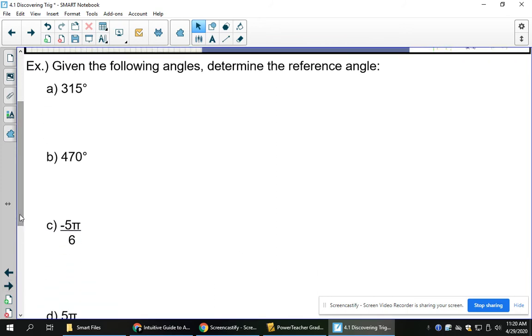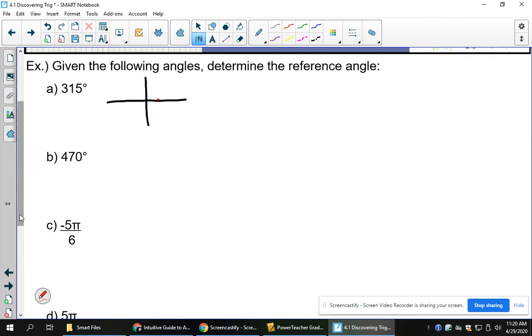Given the following angles, determine the reference angle now. So we want to figure out that acute angle. It's that angle that touches the closest x-axis. So the best way to see that is with a picture. First, I want you to start with your pencil on the positive x-axis, and I want you to swoop around counterclockwise until you've drawn an angle of about 315 degrees.